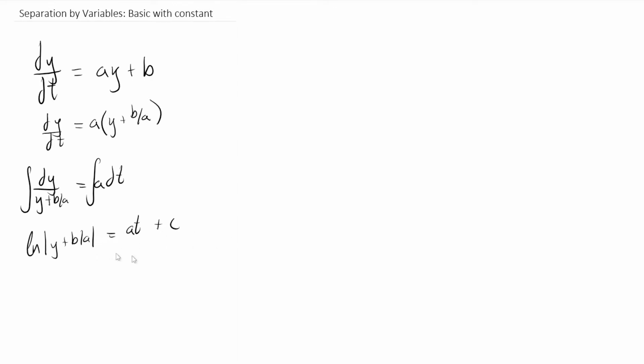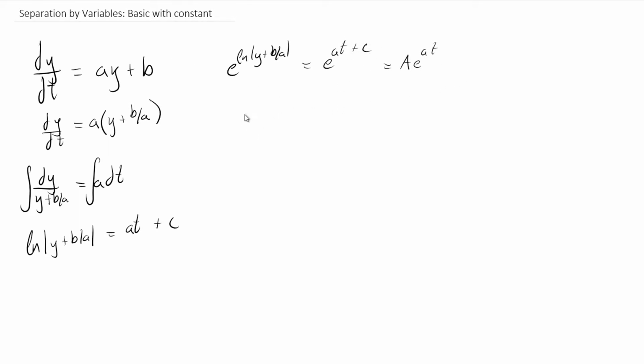I'm not writing plus c on both sides because we would technically just move it over. Like the last one, we do e to the ln of (y plus b/a) is equal to e to the a t plus c, which is equal to A e to the a t. If you remember, e to the c is just some constant.